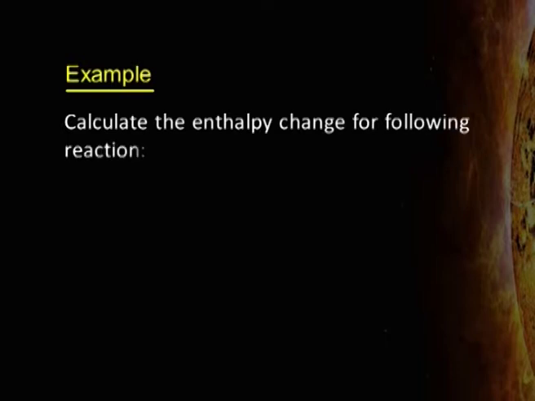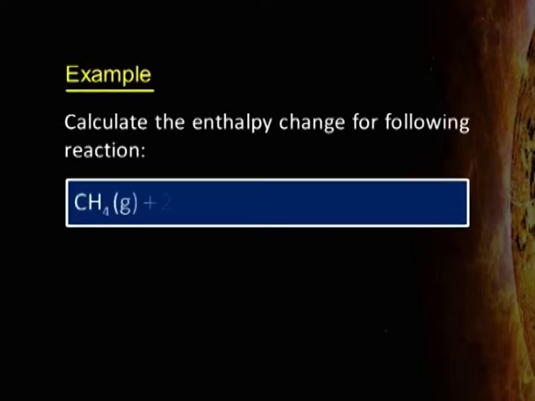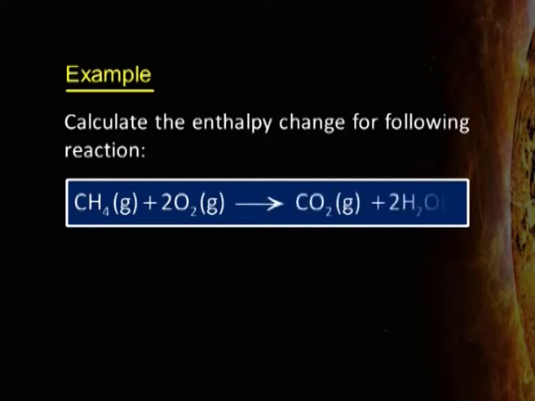Now, we are going to discuss an example to calculate heat of formations and heat of reactions. Calculate the enthalpy change for following reaction. CH4 gaseous plus 2O2 gaseous gives you CO2 gaseous plus 2H2O liquid.